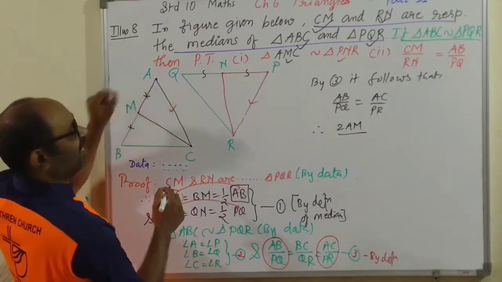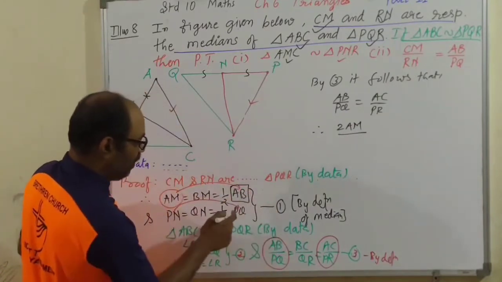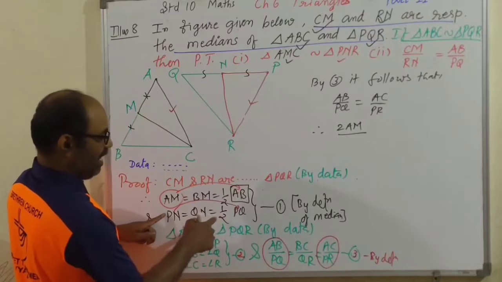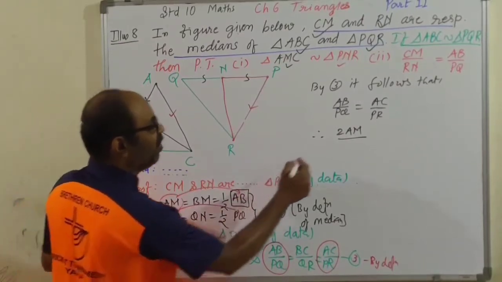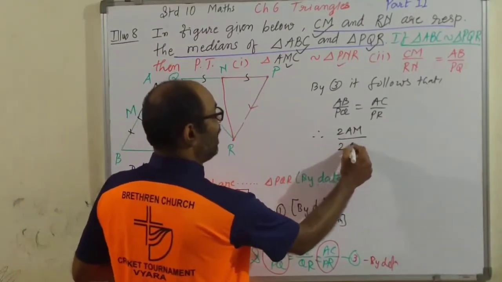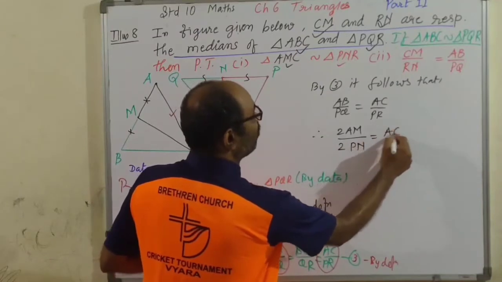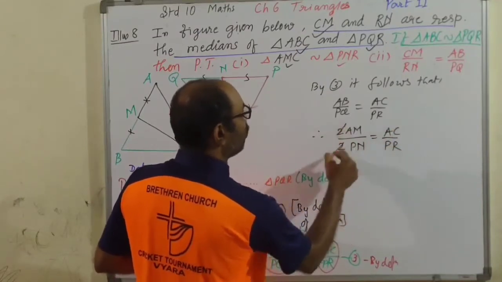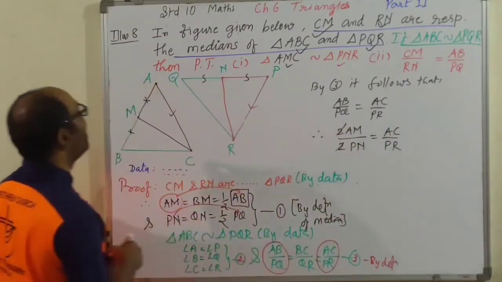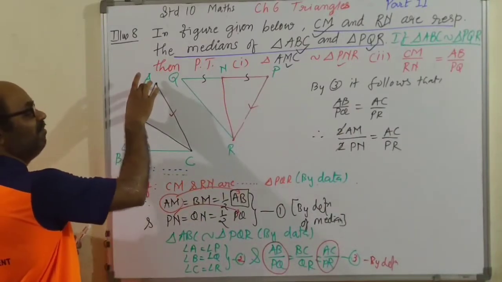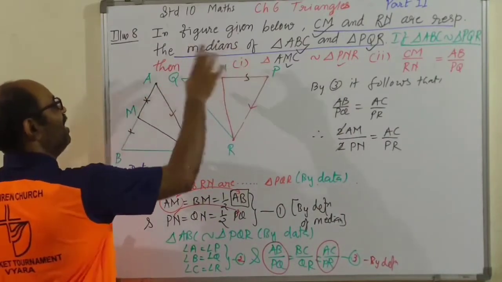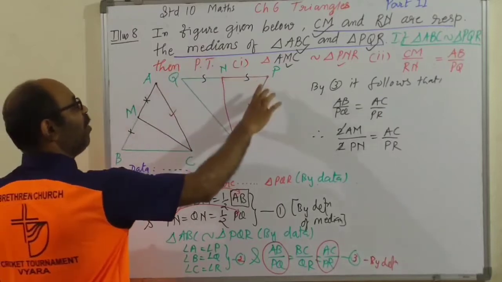And what is PQ? PN is half of PQ, so PQ is 2 times PN. And that is equal to AC upon PR. 2 to cancel. Here, children, AM upon PN is equal to AC upon PR.